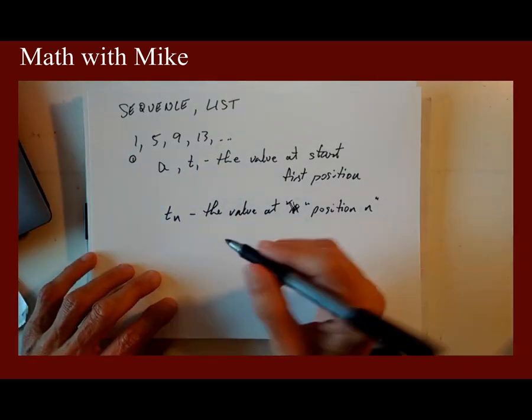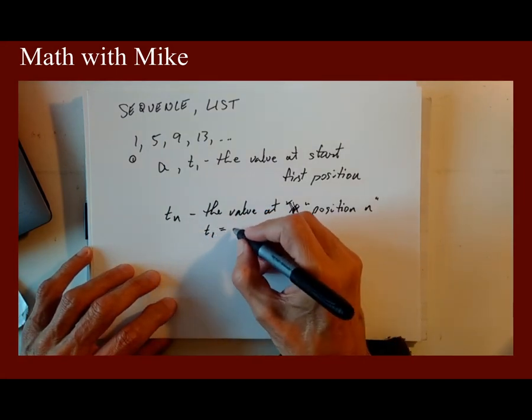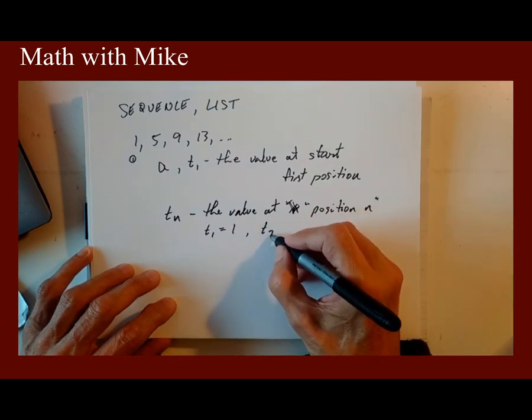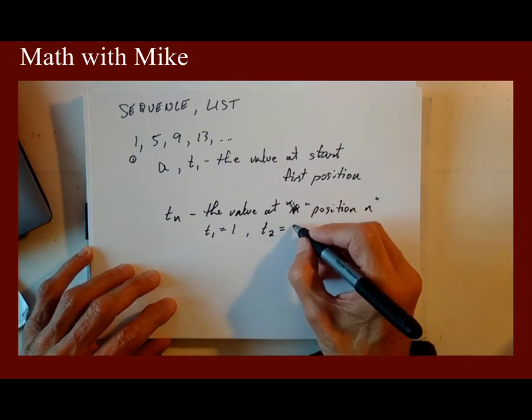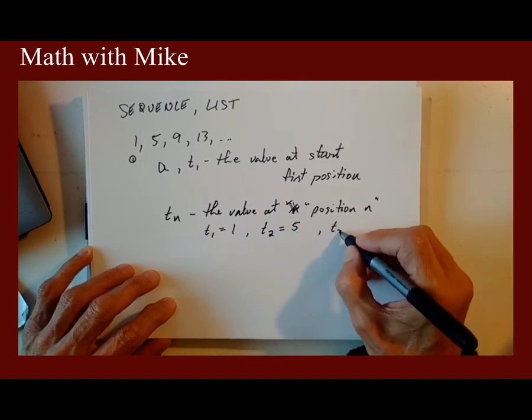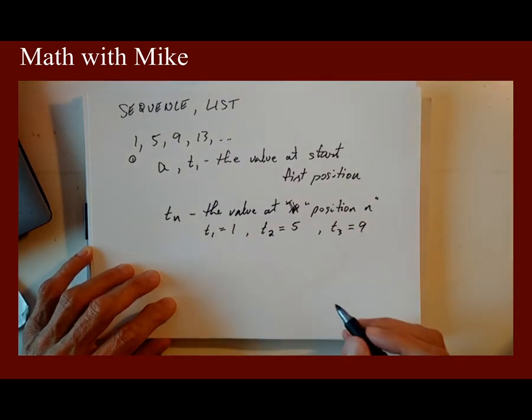And so how we can write that is like this. At position 1, the value is 1. At position 2, the value is 5. And at position 3, the value is 9. And so on in this example.